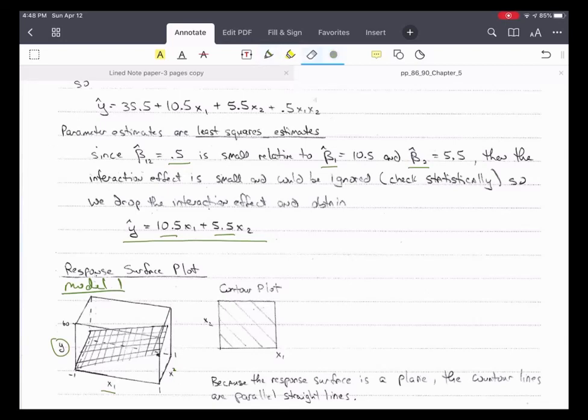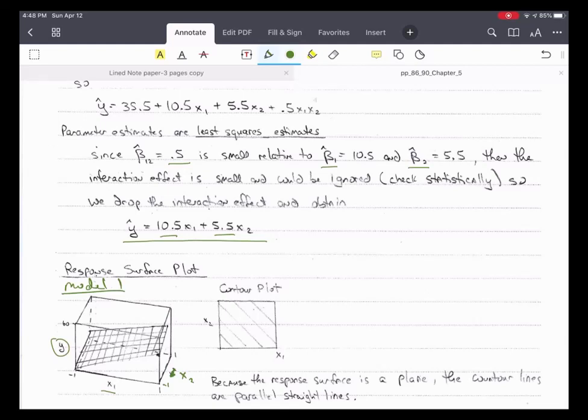So this was x2 in that direction, and we went from -1 to +1 in x1, and we went from -1 to +1 on x2 as well.